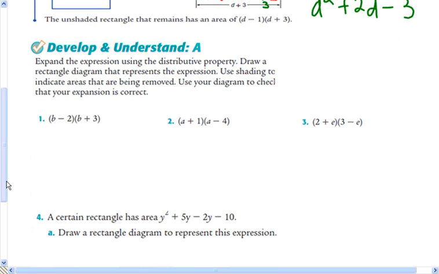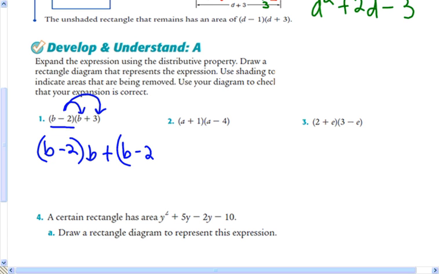In this first set, we will expand the expression using the distributive property. So that means I'm going to take b minus 2, that whole expression, and multiply it by both b and 3. So we're going to multiply first by b, and then by 3.